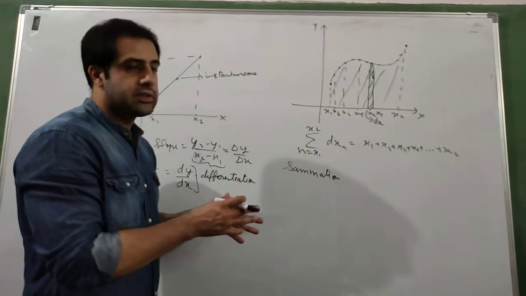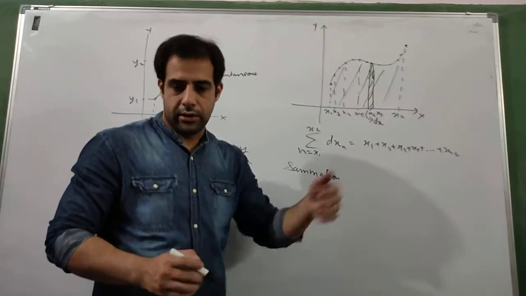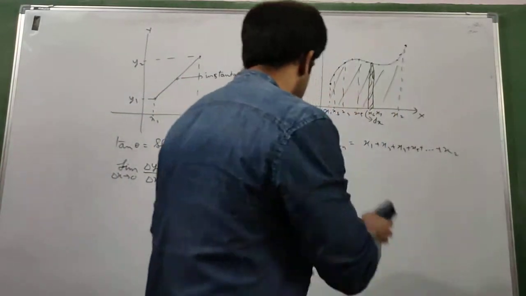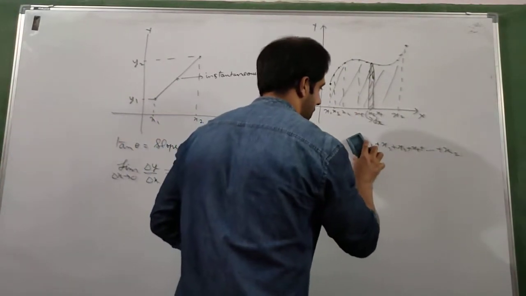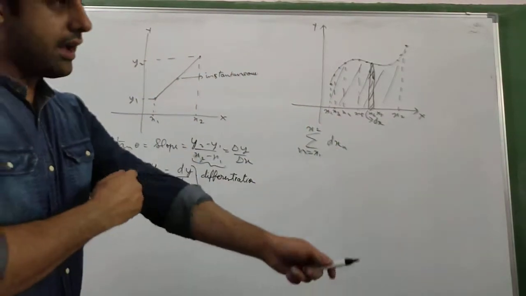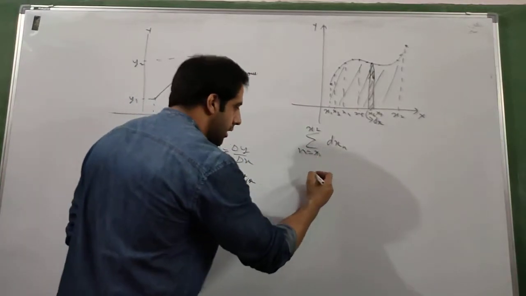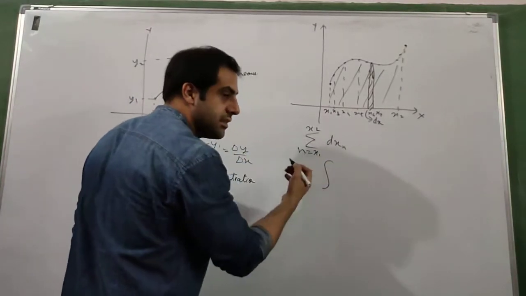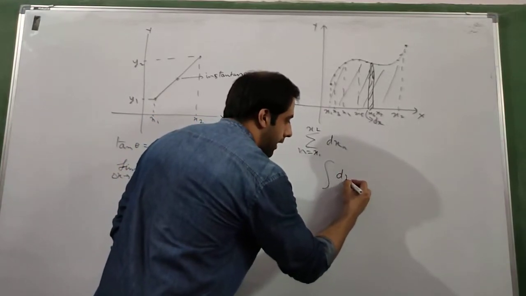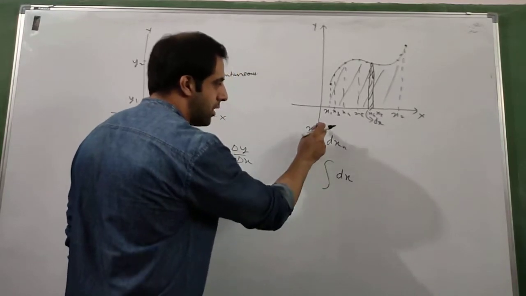Now integration gives us a shorter method, a set of formulas, to achieve a similar task. This same thing that is written in summation, I can write in the notation of integration. This is the sign of integral, and dx from x1 to x2.